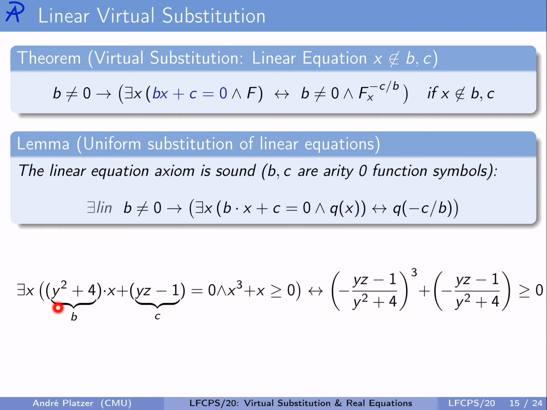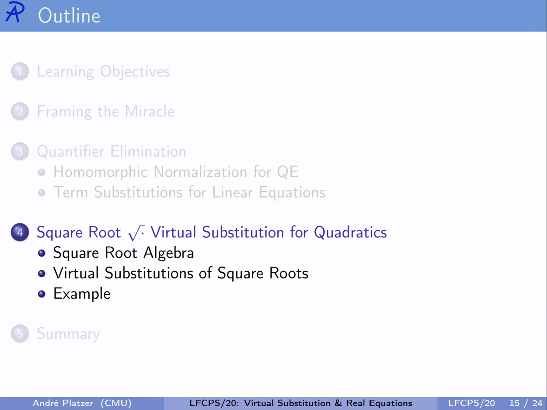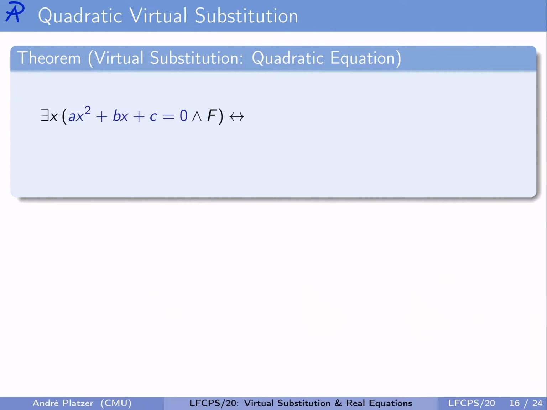That there is an x such that (y squared plus 4) times x plus yz minus 1 equals 0, and x cubed plus x squared equals 0 by just plugging in the one unique solution for this, which is this division, minus yz minus 1 divided by b, into this right-hand side, and so we just are left with the condition that says this solution cubed plus this solution is greater or equal to 0. Very easily done. Let's do the same thing just for higher degree polynomials that are no longer linear.